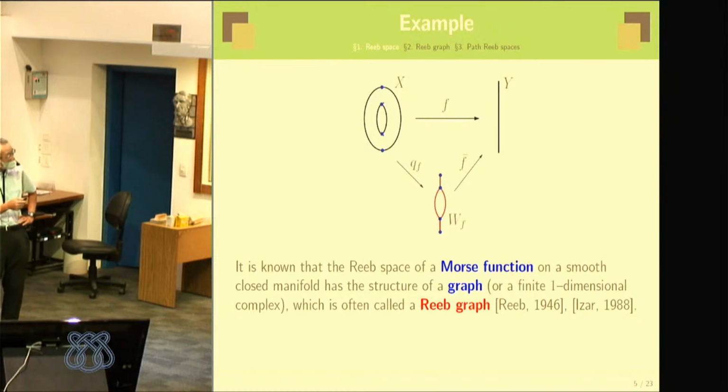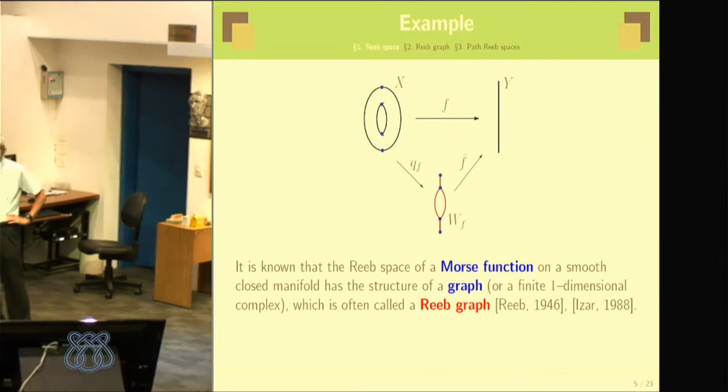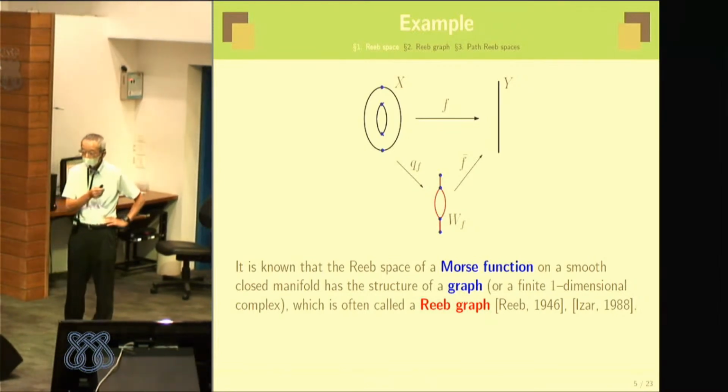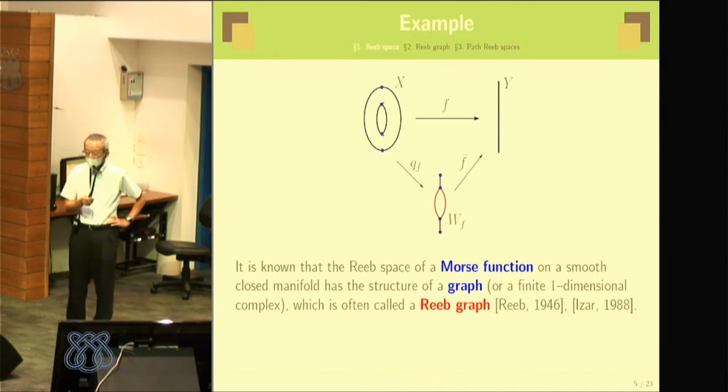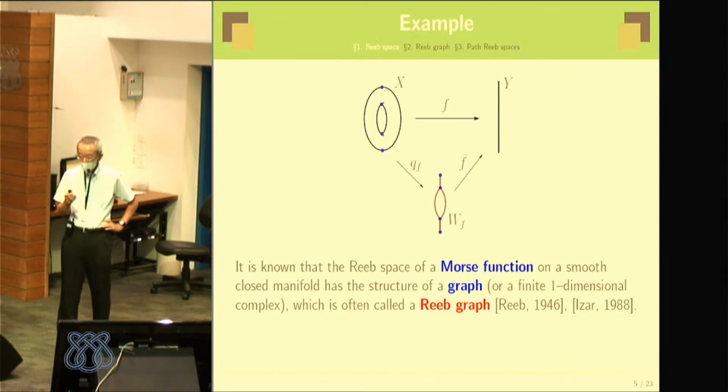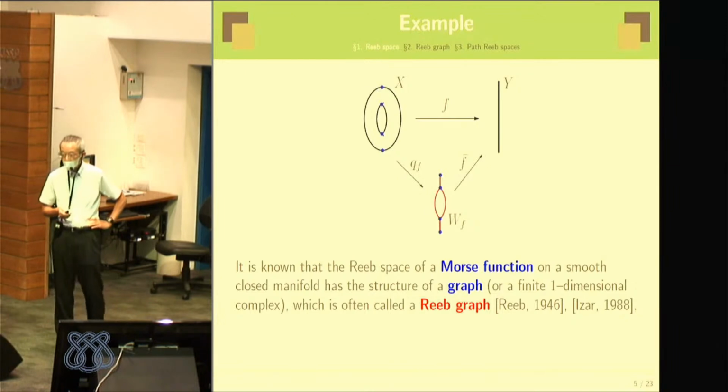But anyway, it is very well known that the Reeb space of a function is very often a graph. But there are some papers that mention that Reeb space is really a graph, but in fact, I could not find a very good proof. Yes, it is true, but no good proof.